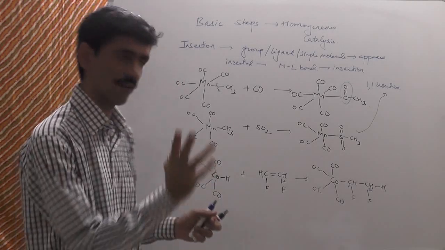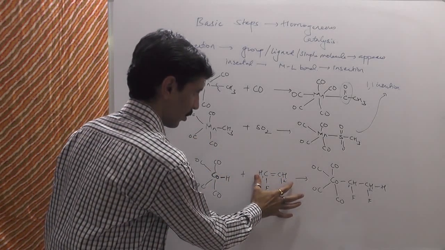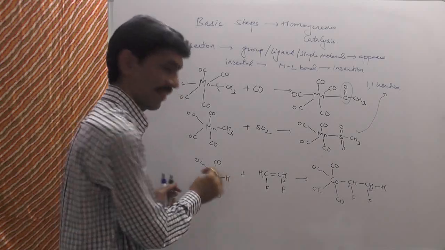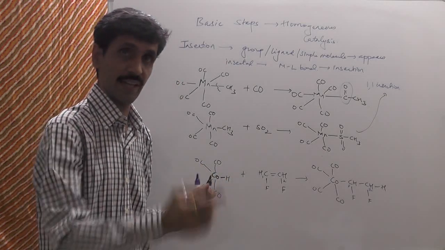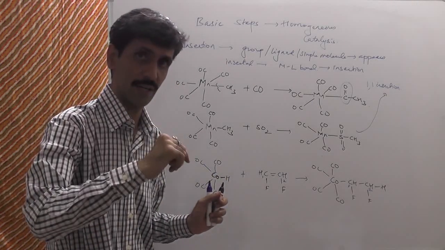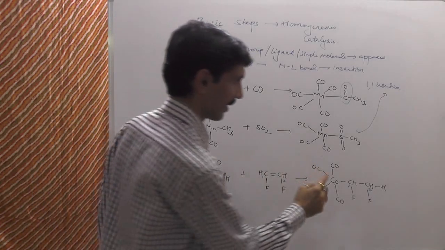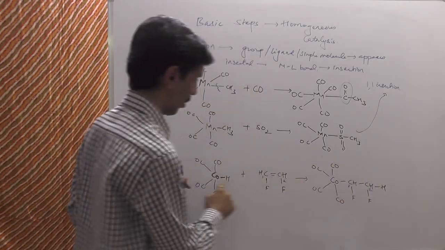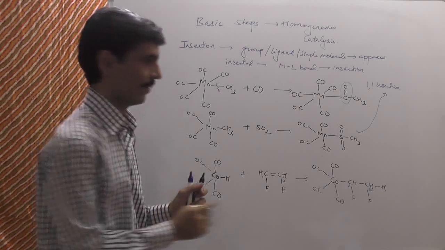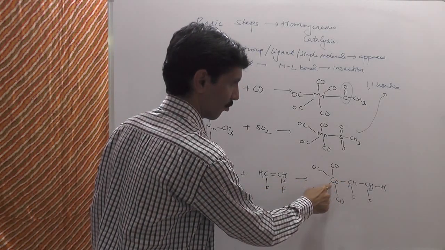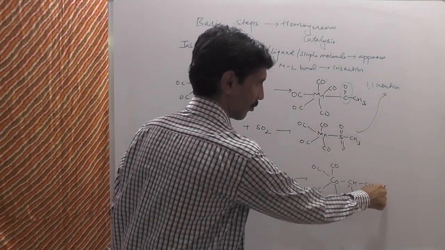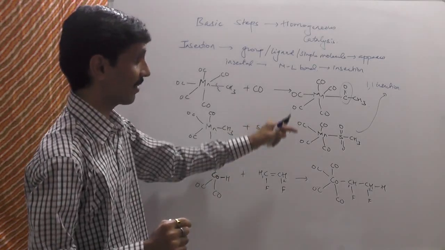This is a molecule which is going to be inserted between Co and H. The inserted molecule is forming a bond in such a way that it is attached to the adjacent atoms of the molecule. That is, one carbon is getting attached to Co and the other carbon is getting attached to H. Here it wasn't like that.